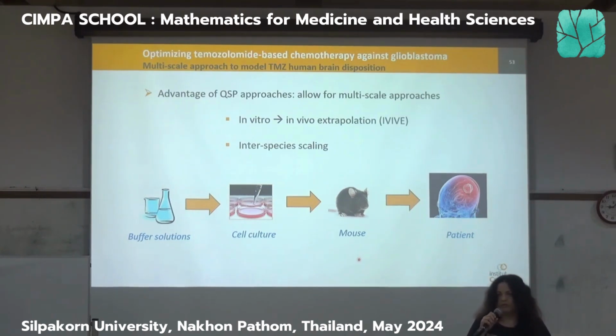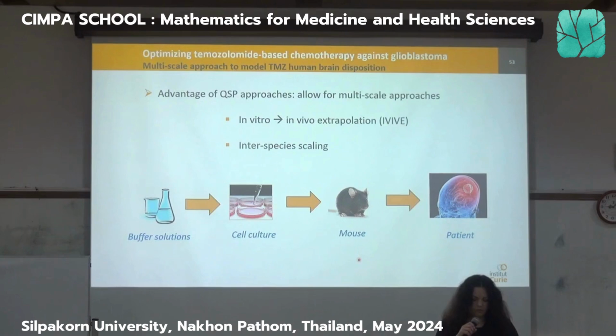You want to scale your mathematical model from the mouse to the human, because most of the time you have plenty of data at the level of the animal, and you want to analyze that data with a mathematical model and then translate this knowledge to humans, to patients.